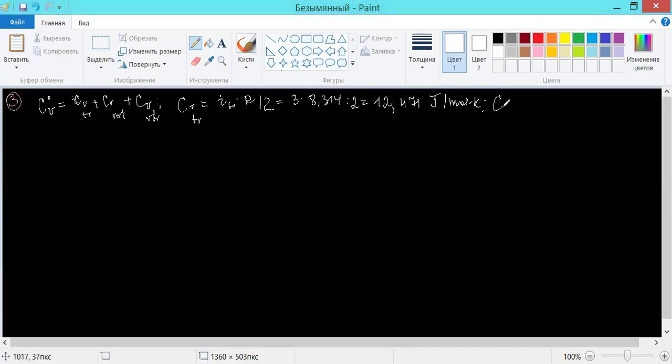Then C sub V rotary. It's I rotary times R halved, and we remember that this is equal to 2, and that gives us 8.314 joules per mole Kelvin.